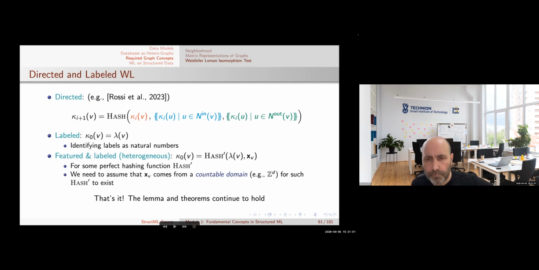Same idea, except that we have the initial coloring as a hash of not only the label of the node V, but also the features XV. For that to be well defined, we need to assume that XV comes from a countable domain. Otherwise, it doesn't make sense to say that such an injective hash prime exists. And that's it. The lemma and theorem continue to hold.